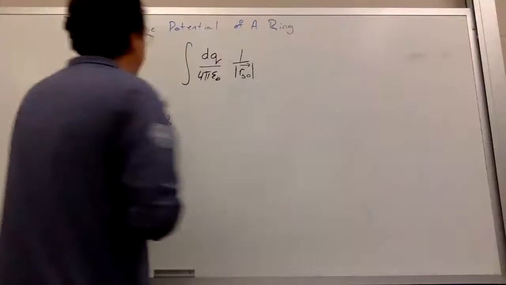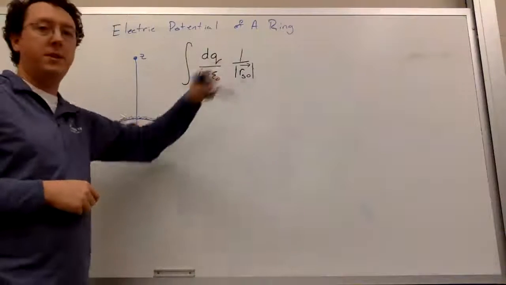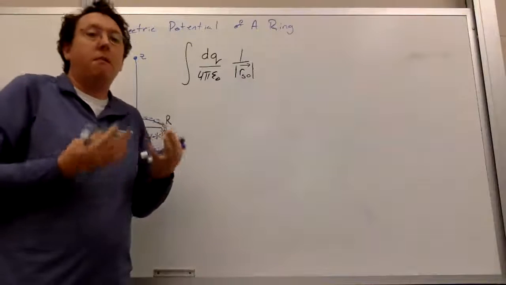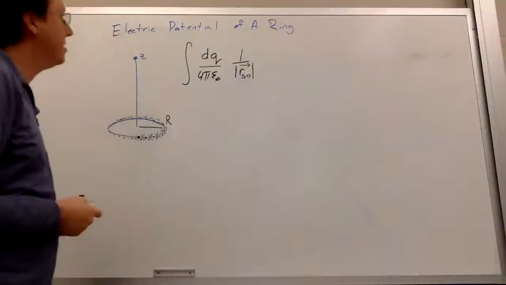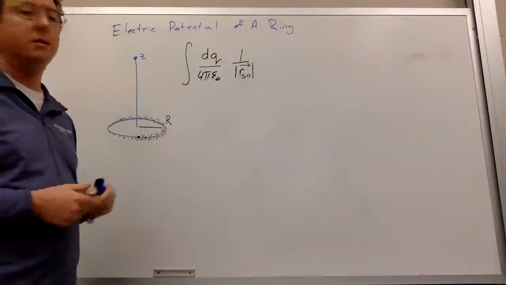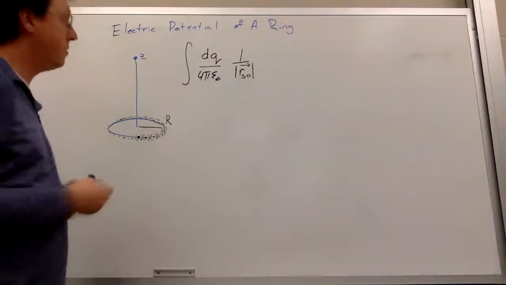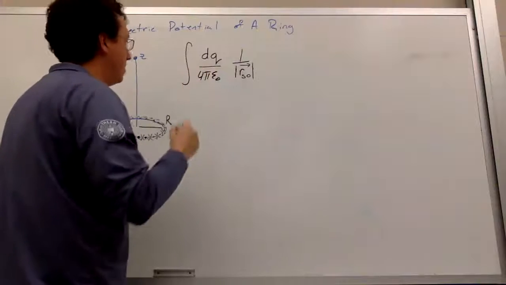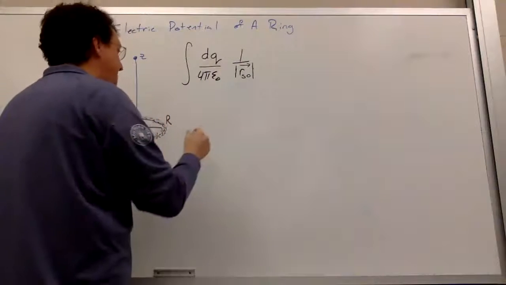Okay, so this is a perfectly good physics formula. But if you hand this to a mathematician, they'd say, eh. So we have to mathematize this physics. If we just have this string of symbols, we have to interpret them all as appropriate for this situation.